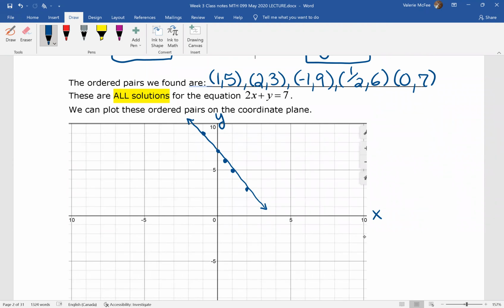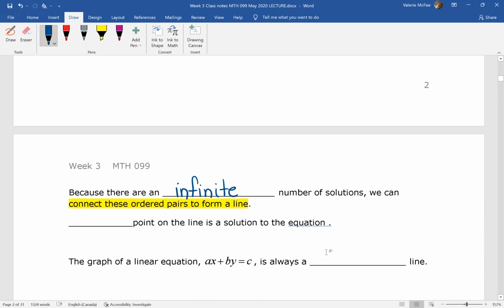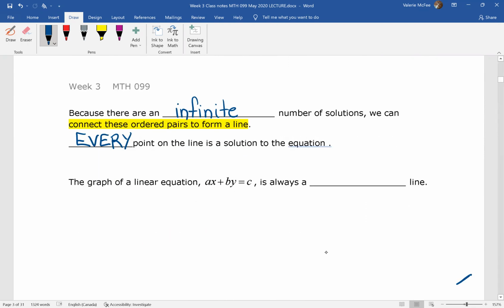Because if this is a line, it means it can extend infinitely in both directions. Every point on this line is a solution. And it's important for you to remember that the graph of a linear equation, ax plus by equals c, is always a straight line.